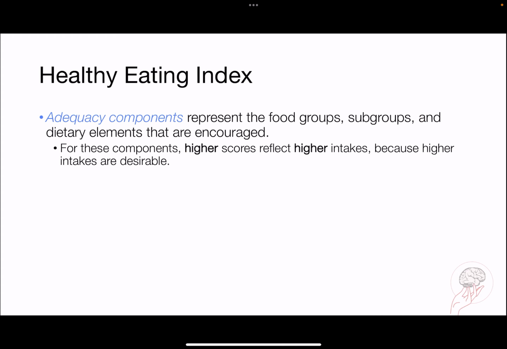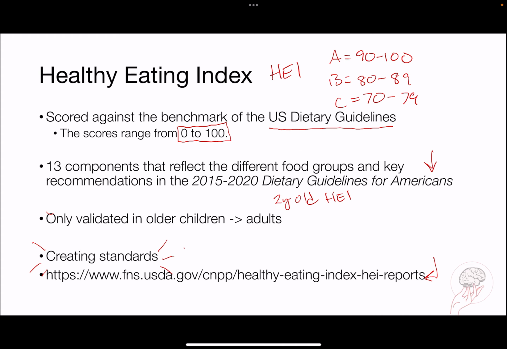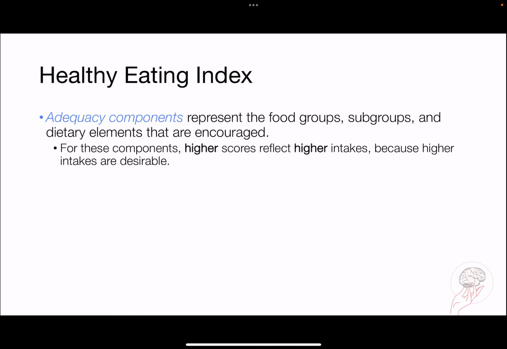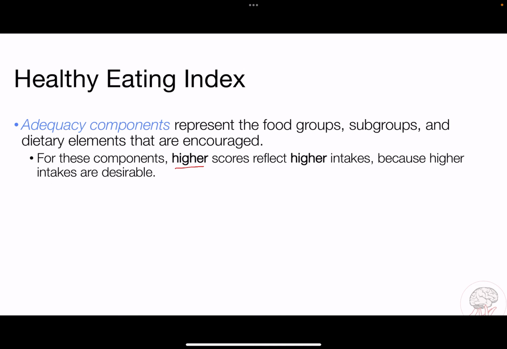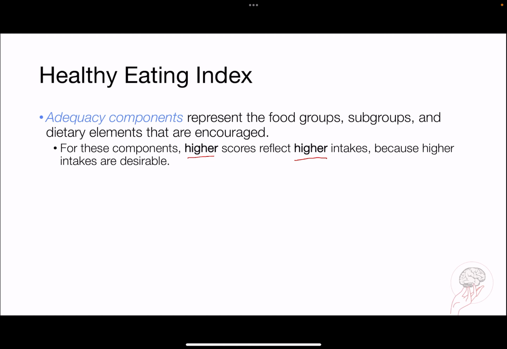So I mentioned it was made up of 13 components. These are made up of two groups. Adequacy components, these represent food groups, subgroups, and dietary elements that we want people to eat, that are encouraged. So we want higher scores that reflect higher intakes, because the higher intake is desirable.